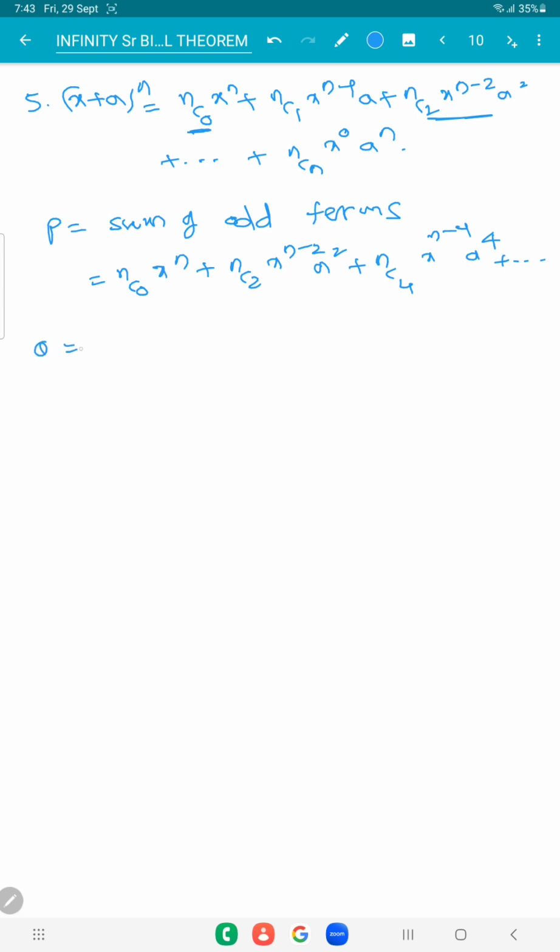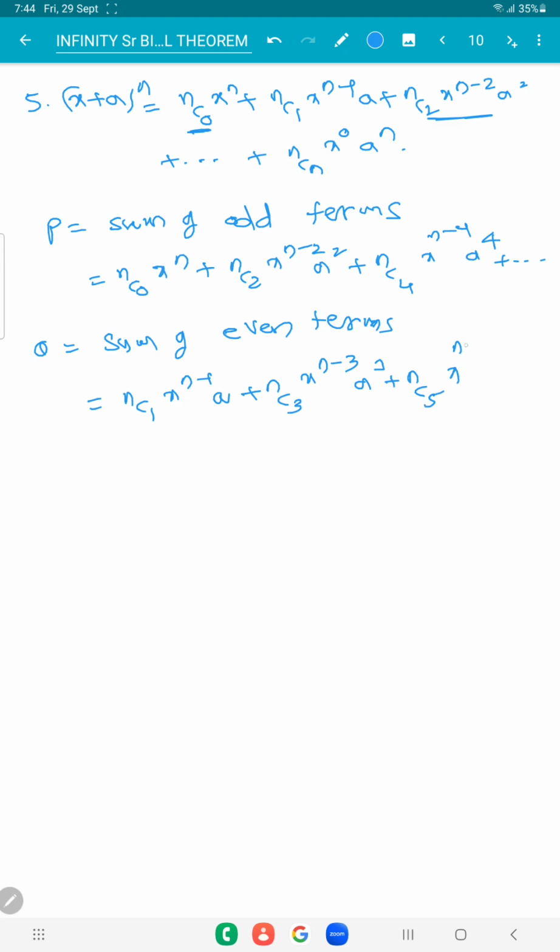What is Q? Q is equal to the sum of even terms: second term, fourth term, sixth term and so on. The second term is nC1 x power n minus 1 a, plus nC3 x power n minus 3 a cube, plus nC5 x power n minus 5 a power 5, and so on.